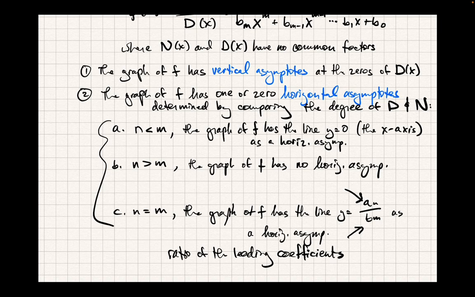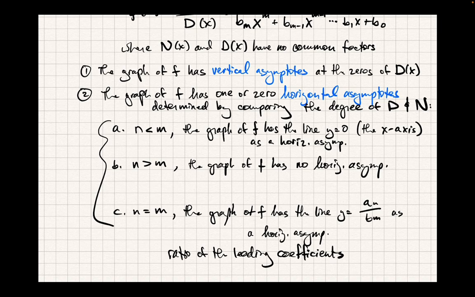So what does this mean? How can I get my horizontal asymptote from this one neat trick? How would that come up? Sydney? Like what kind of rational function would you have?